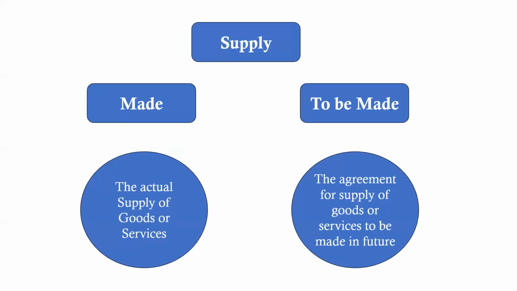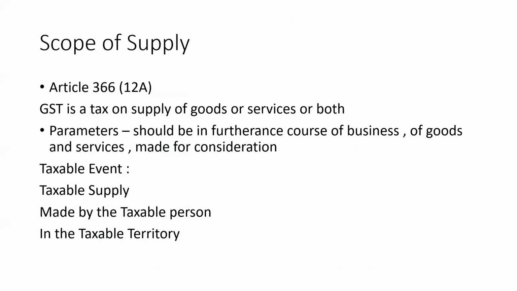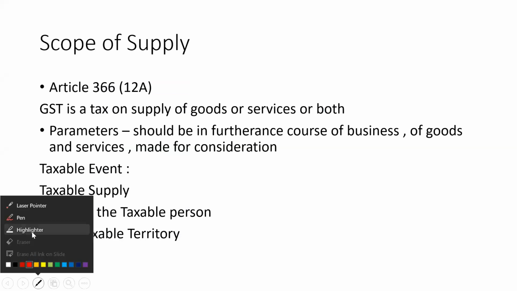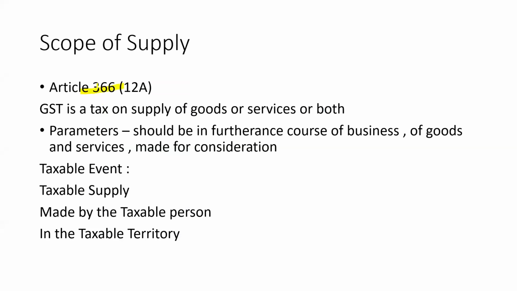So the scope of supply is given in section 7, subsection 1. GST is a tax on the supply of goods or services or both, which you are aware. So what are the parameters for supply?